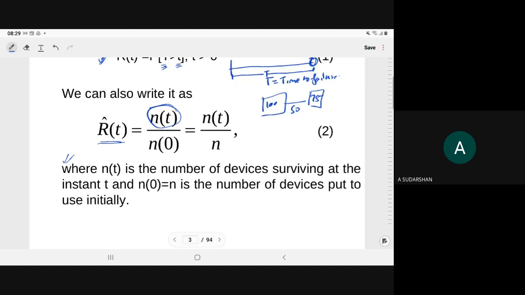Generally, we use the probability definition of reliability instead of the relative frequency definition.